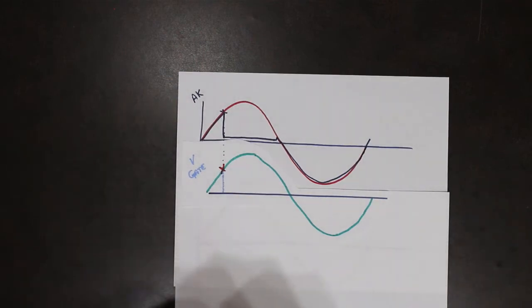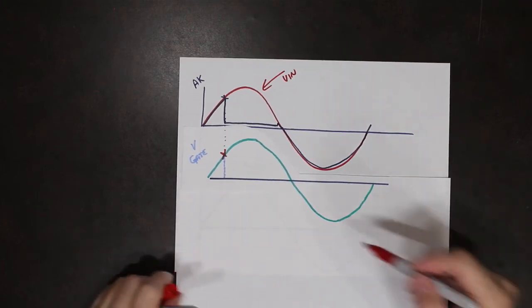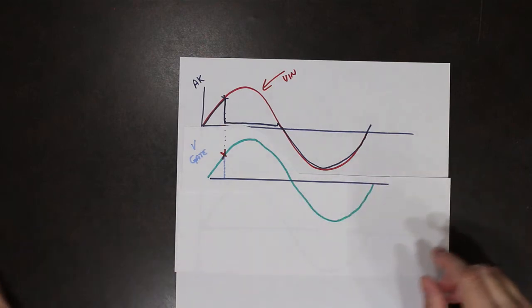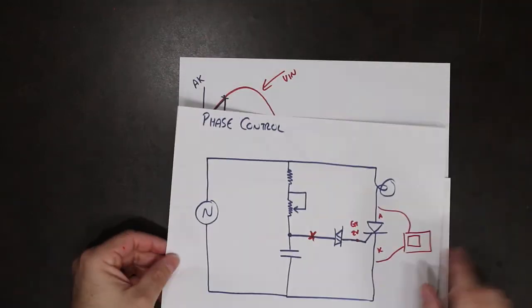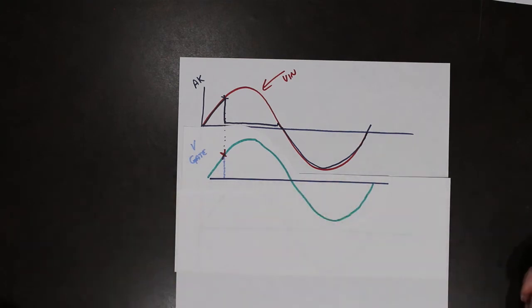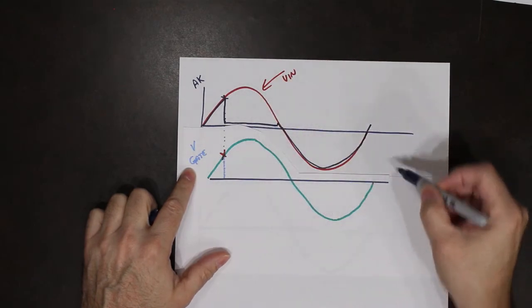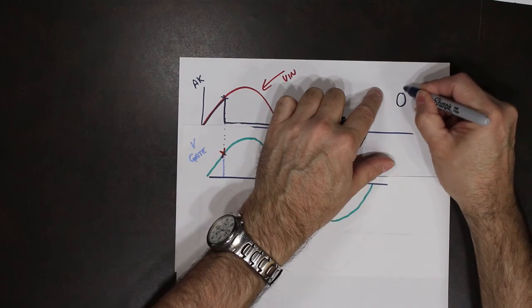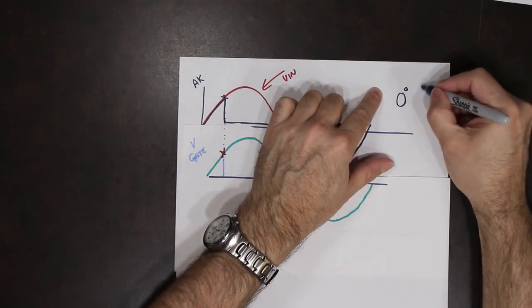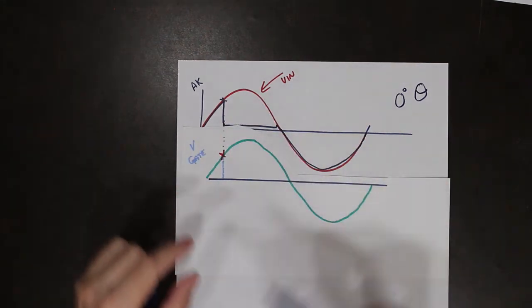Okay, so the red is my applied. And the green is the waveform that makes it down the gate circuit. The way it sits right now, there is a 0-degree phase shift between the two. So basically the voltage V in and the voltage that makes it down the gate circuit, there is a 0-degree phase shift between those two waveforms. They are in phase.